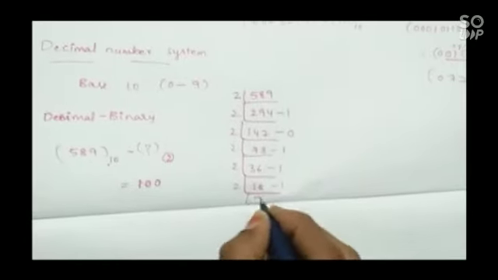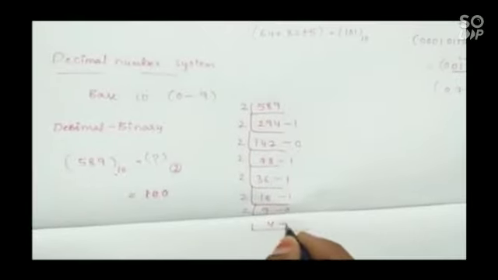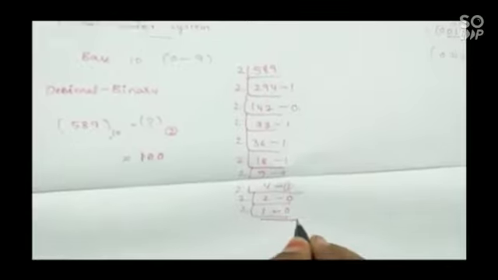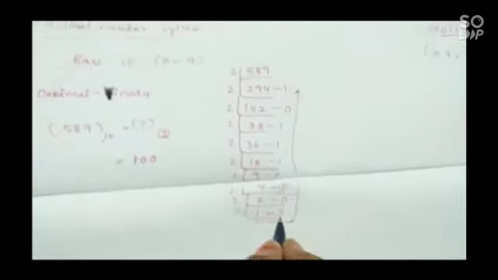And now 2 nines, we have 0 and 4. 2 4 8, we will have one carry. 2 twos 0 and 2 ones. At last we have 0 only. So from this we take these values 1 0 0 1 0 1 1 1 0 base 2.